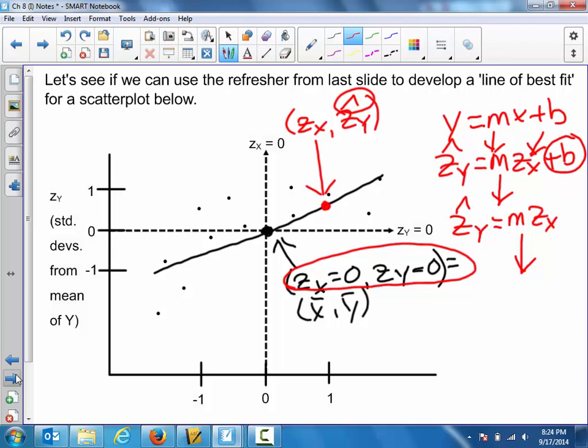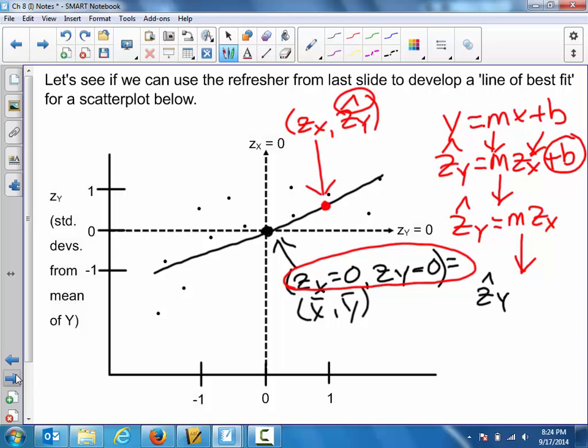The slope of our black line, you probably aren't going to be too surprised to find out, is actually r, the correlation coefficient. Regardless, r is equal to m. The correlation coefficient is the slope of your regression line. So this is as updated as we can get.